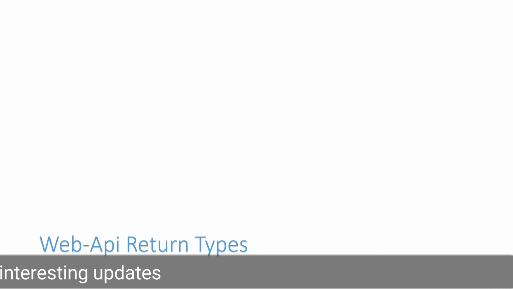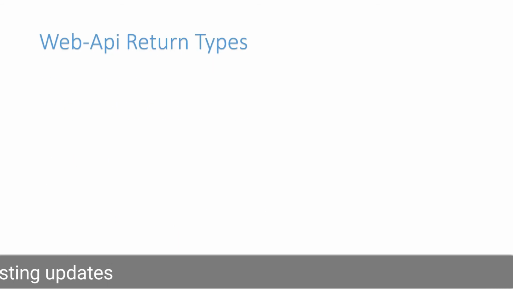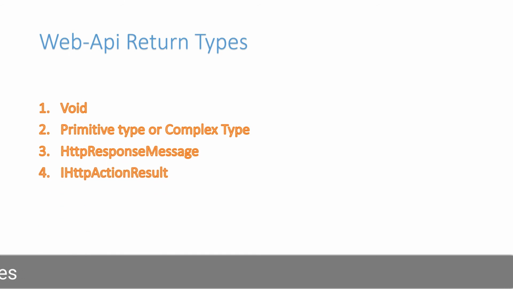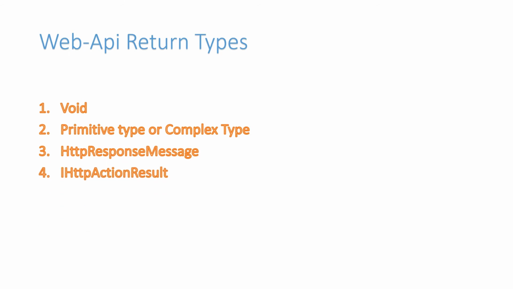So next we'll see web API return types. These are the different types of return types we have in web API. The first one is void. Let me tell you, void means nothing.